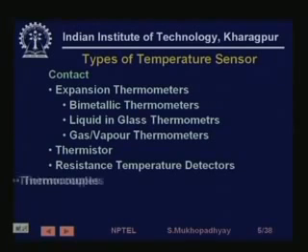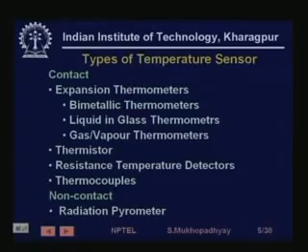Apart from that, there are thermocouples, which rely on the fact that thermoelectric EMFs are generated when one of the junctions of two dissimilar metals is put into a high temperature. That EMF is measured and used as an indicator of the temperature of the so-called measuring junction. We will look at all this.